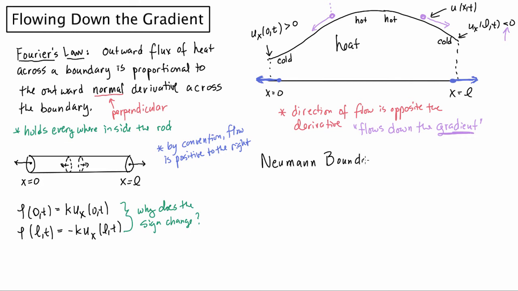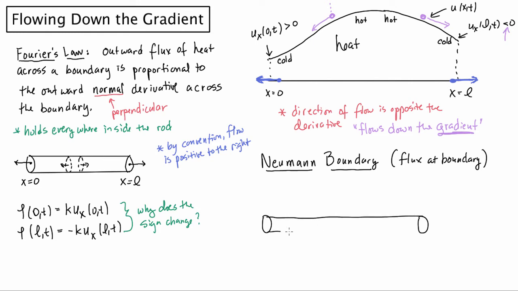So a Neumann boundary condition is a boundary condition that specifies the flux at the boundary. And if we wanted to specify that, then if we just look here at our boundary, at the left endpoint, if I say u_x(0,t) = r, and r is greater than 0, and over here if I say u_x(L,t) = r for some r, and that r is greater than 0, then what direction are things flowing?